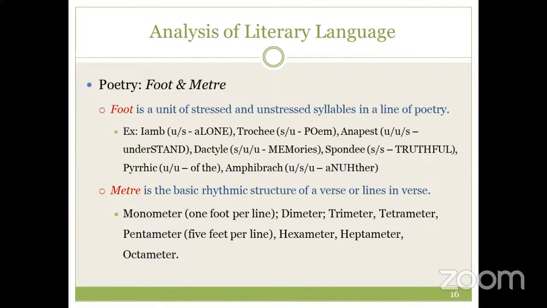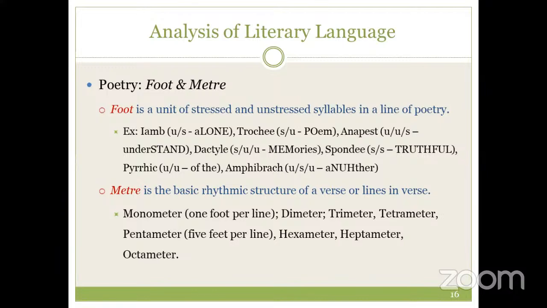And what is it? An unstressed syllable followed by a stressed one. There are only two syllables, unstressed and stressed. The first one is unstressed, the second one is stressed. That is what an iamb is, right?